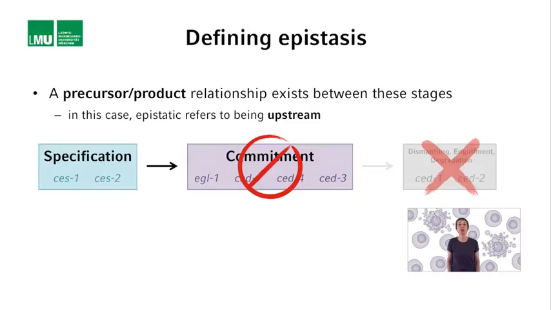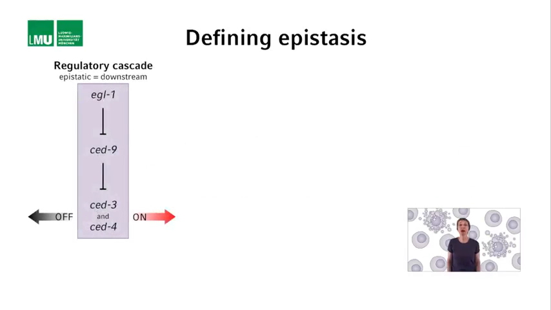In other words, when you are working with genes that are components of what can be considered a regulatory cascade with an on-off switch, such as the commitment step, then in a double mutant, you will see the phenotype caused by the genes that act closest to the actual switch. Epistatic therefore means downstream.